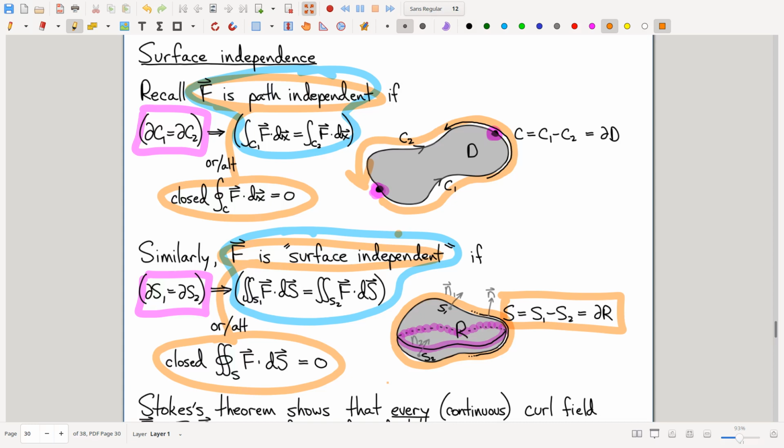In my old college days, I made massive use of this idea of surface independence to compute stuff. So it's a really important trick to know, even if only from a computational point of view. And I'm going to show you an example in a couple of minutes. So it's really important to see how surface independence works.